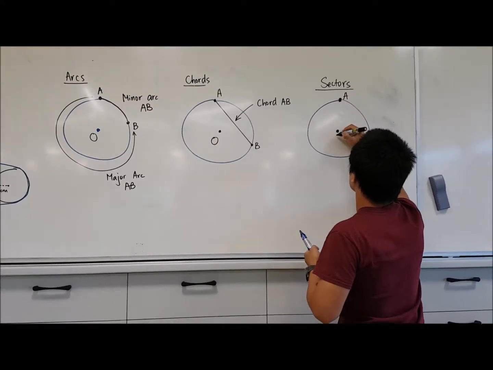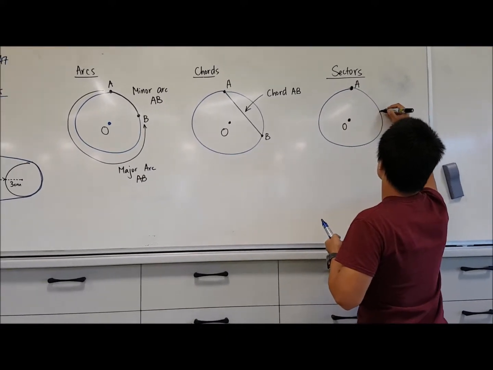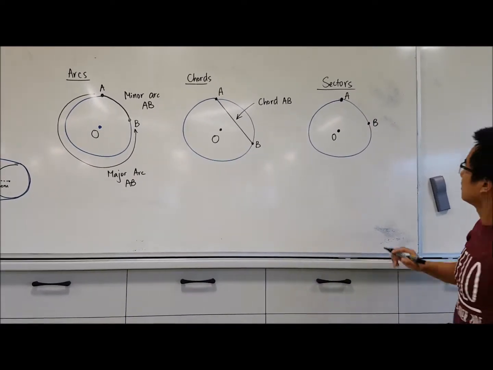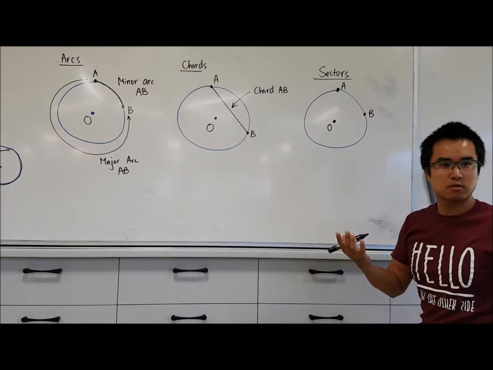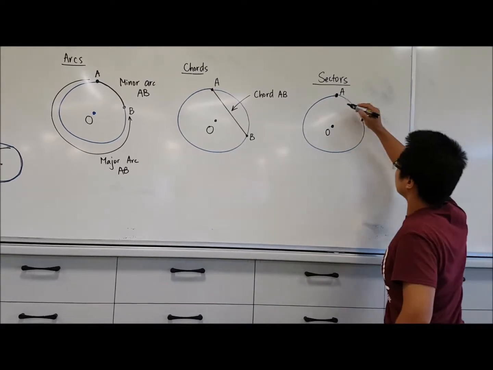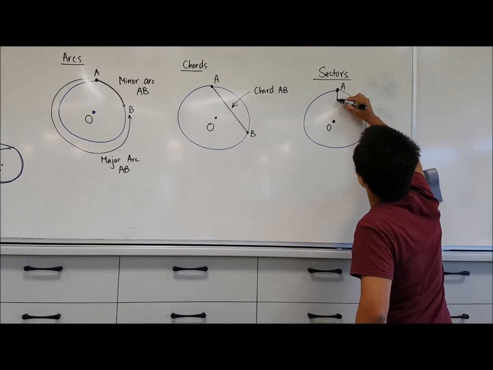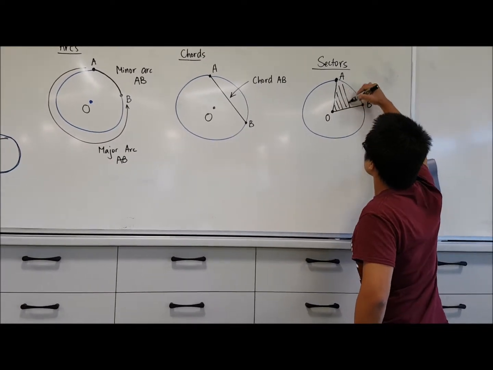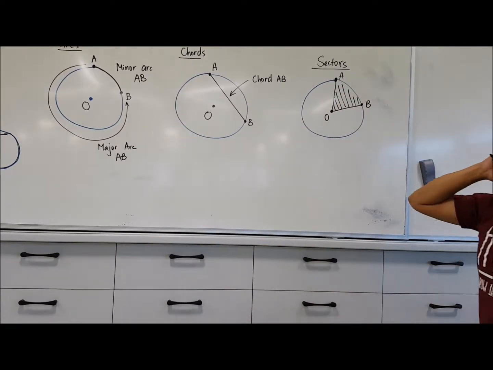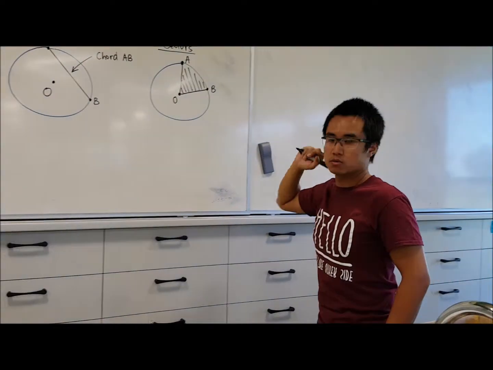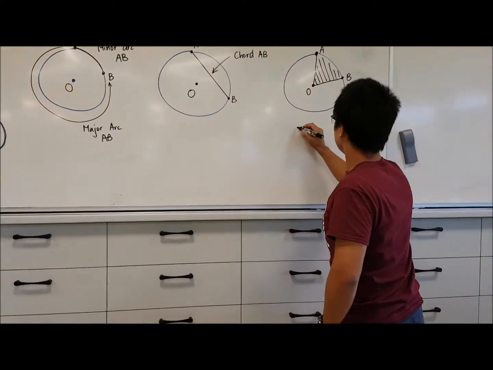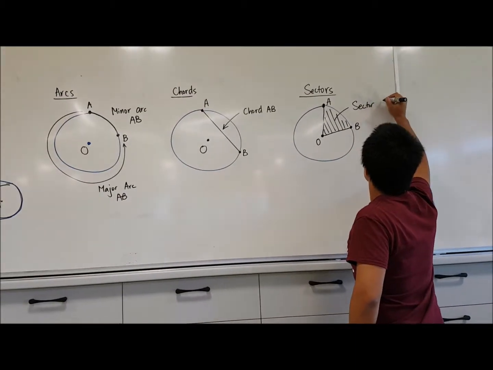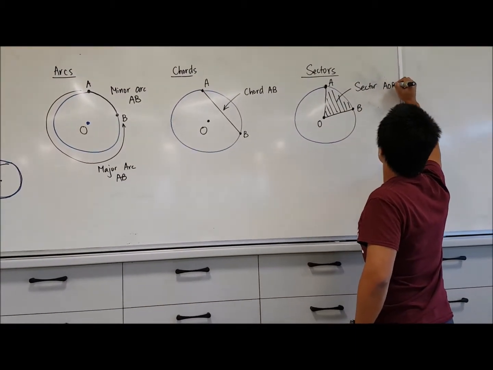A, and this time the center is important. So O is the center. The sector of a circle is just like a slice of a circle. So like a slice of pizza. The sector AOB is just that, all the way to the circumference of the circle. So this is the sector AOB.